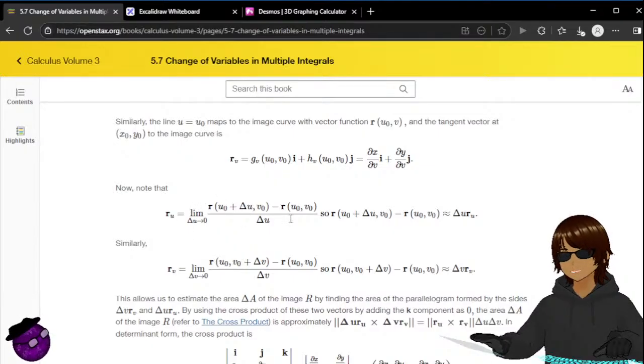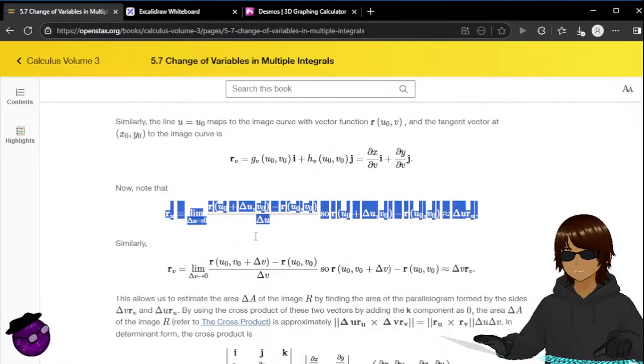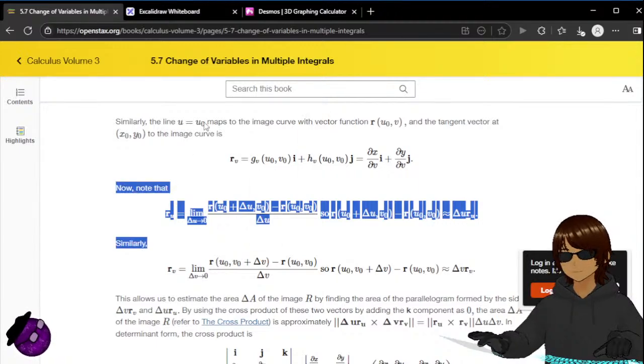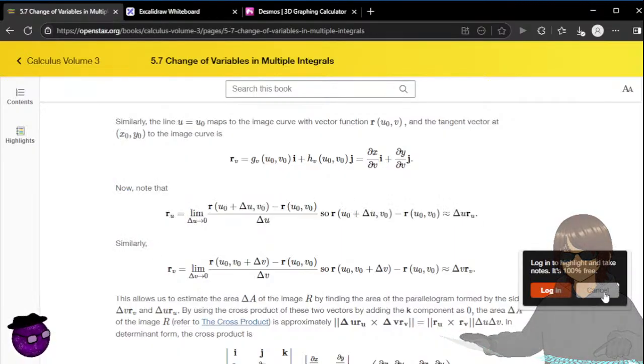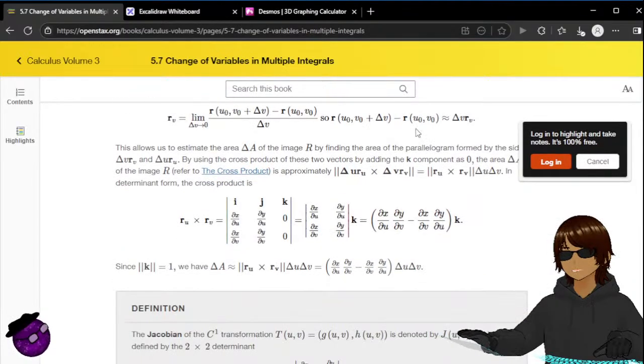By the definition of derivatives, you're doing this: r(u naught plus delta u). So this part is roughly, for a very small delta u, the numerator is approximately equal to delta u times the derivative of r with respect to u. The same thing for v.